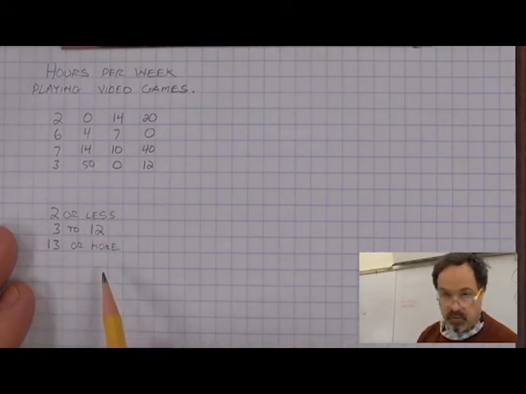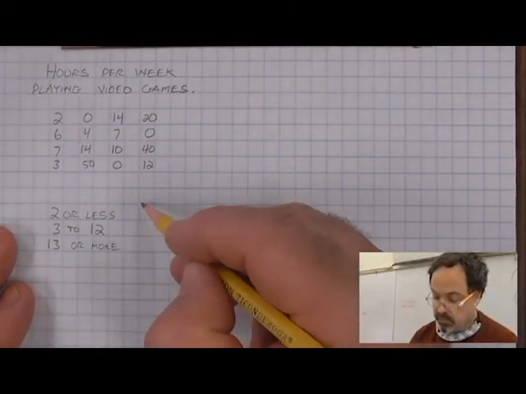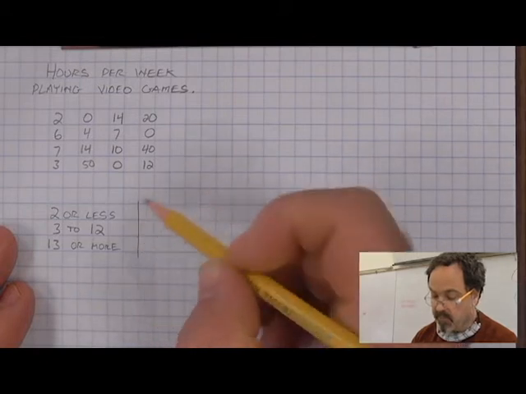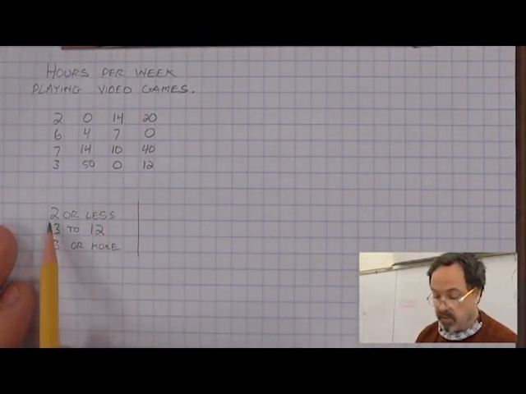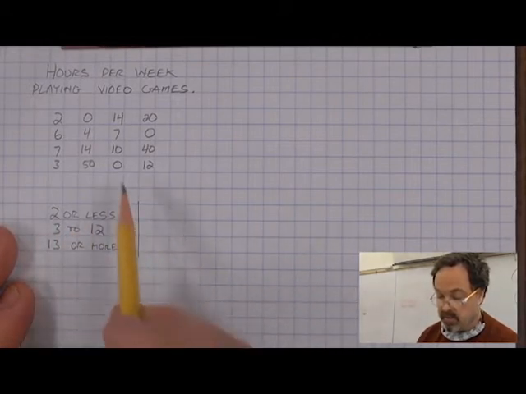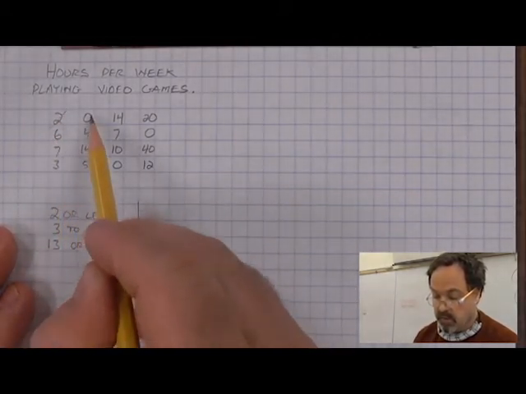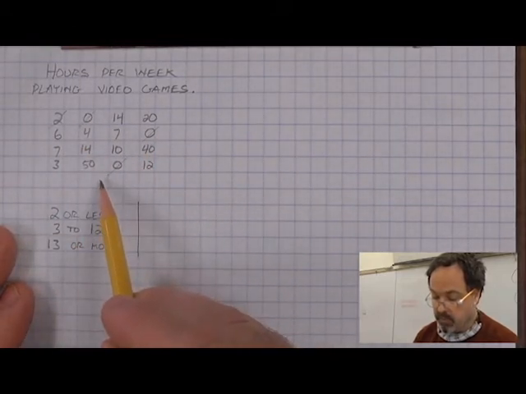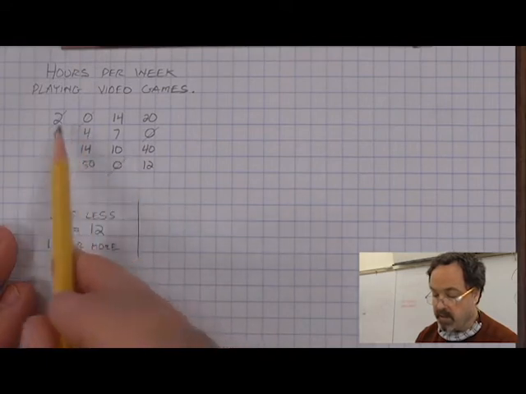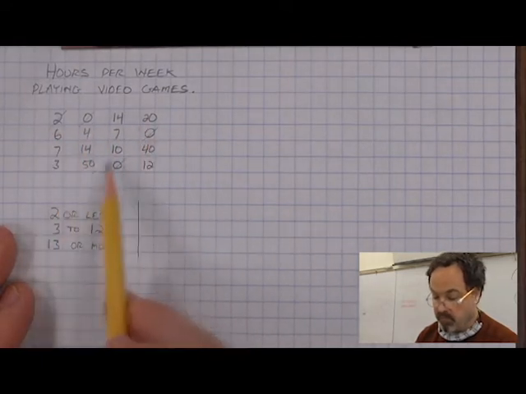Now that we've chosen our categories, we want to add up the number of people that responded in that category. So if I'm going to count in the category 2 or less, then the 2 and the 0 and these other zeros belong to that category, making a total of 4 responses.